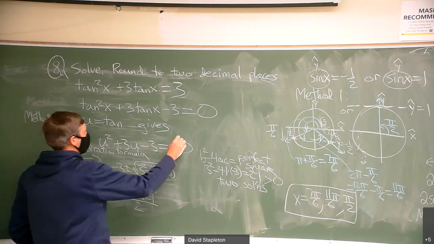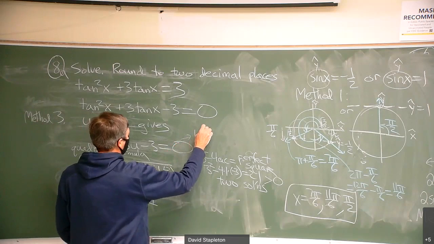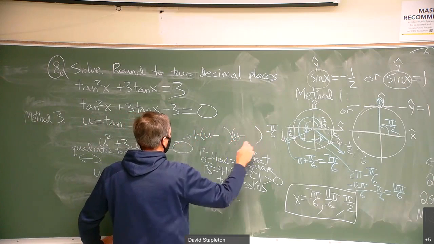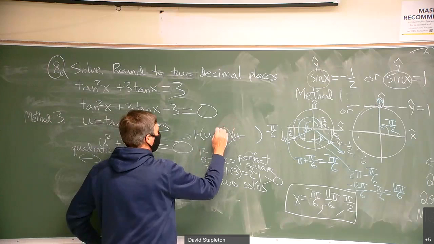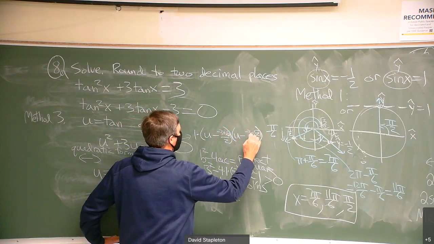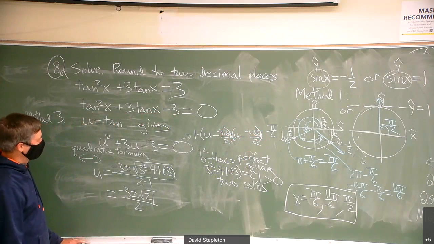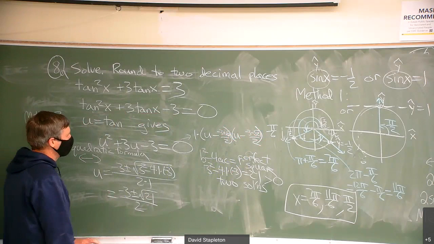This factors actually, you don't have to know this because it's algebra. 1 times u minus blank, and what goes in the blanks are these numbers: minus 3 plus square root 21 over 2, or minus 3 minus square root 21 over 2. Who would ever have guessed those, right? So you just do the quadratic formula and save yourself some time, right?